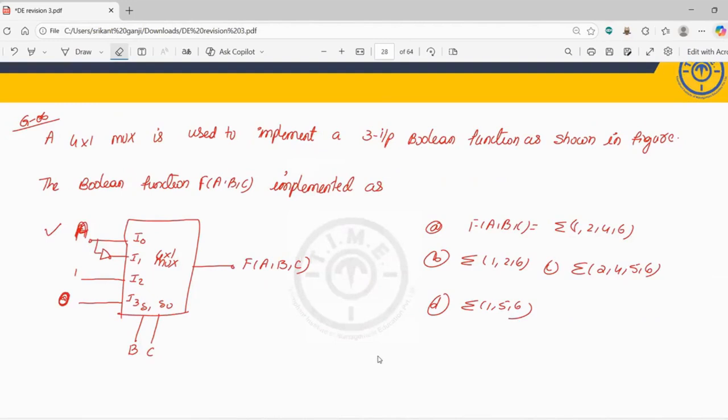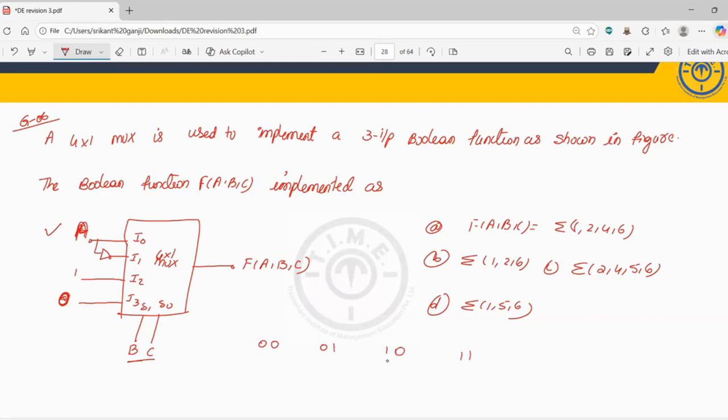Otherwise, directly you can write the equations. So instead of going that way, I can see that BC values are 0, 0, 0, 1, 1, 0, and 1, 1.